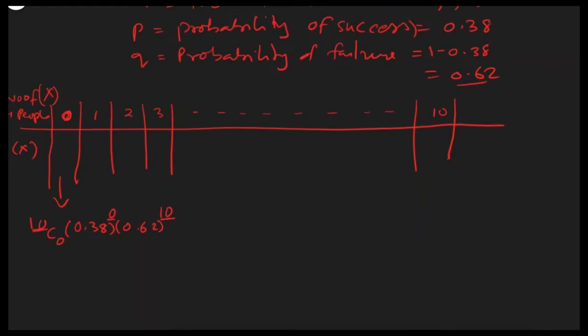I will put this in a calculator later on, but let me write the second one for the time being. N, which is 10, C1, success 0.38 to the power 1, failure 0.62 to the power 9, and so on. We'll keep on writing like this.